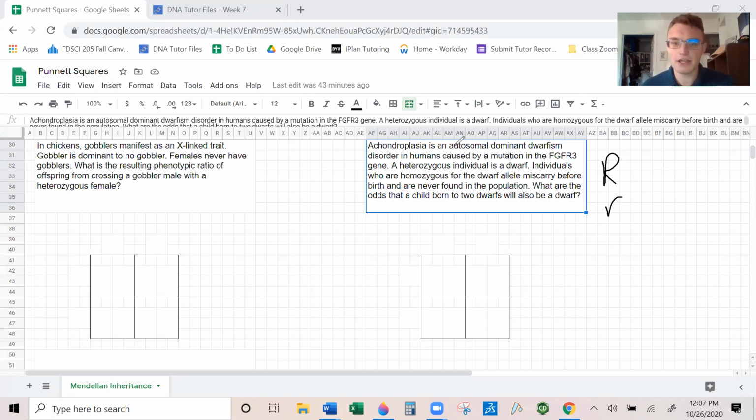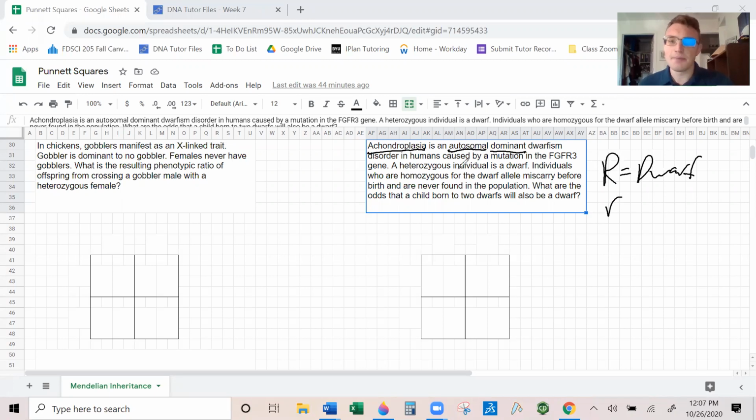It says achondroplasia is an autosomal dominant dwarfism disorder. You recognize that mode of inheritance from last week. Autosomal means it's on one of the autosomal chromosomes, and dominant says achondroplasia is the dominant allele. So big R equals being a dwarf, because that's shorter to write than achondroplasia.